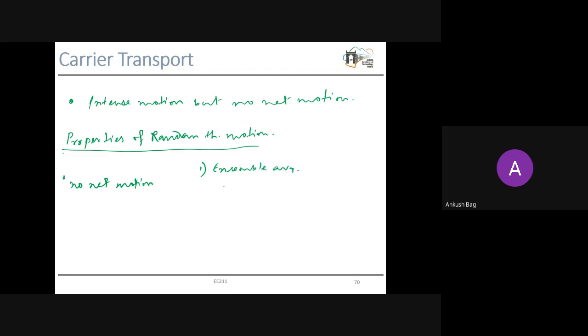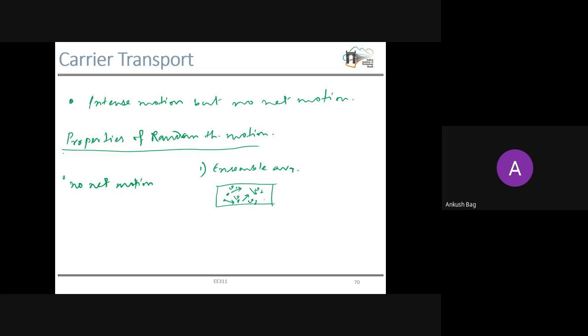The ensemble average is, let's say we consider a small portion of your semiconductor. We know that there are different particles having different velocities in different directions, because these are all random motion. Let's say this electron has a velocity V1, then another carrier has V2, another carrier may have V3, and similarly another can have V4.